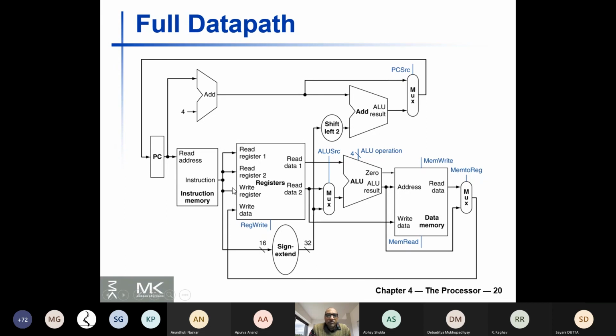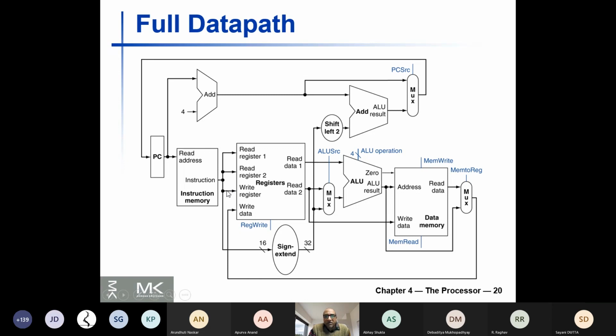So we need to pick the right one for a given instruction, whether it's a load instruction or an R type instruction. The address to be given here will be passed through a multiplexer, because there are two possibilities. Therefore, one more multiplexer is required.